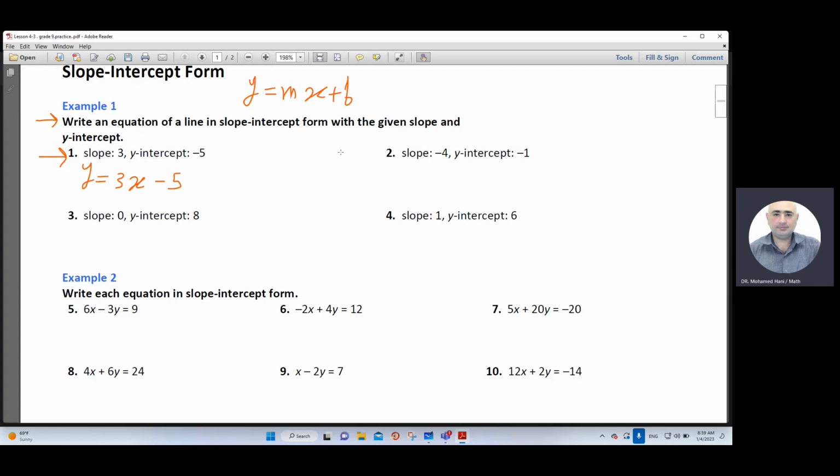Use the same idea to solve number 2, please. So y equals negative 4x minus 1. Excellent, Milad.